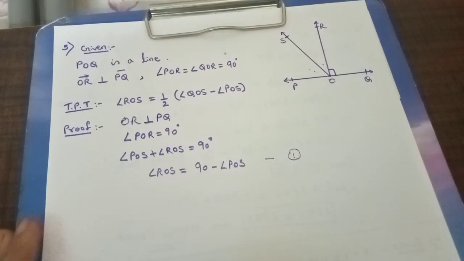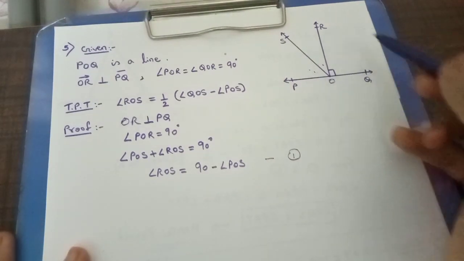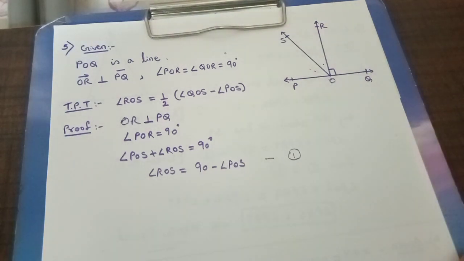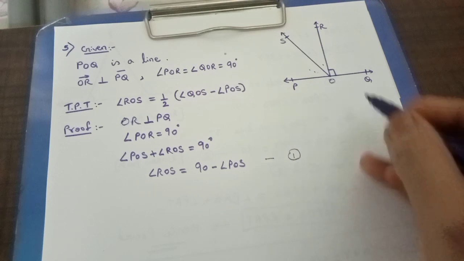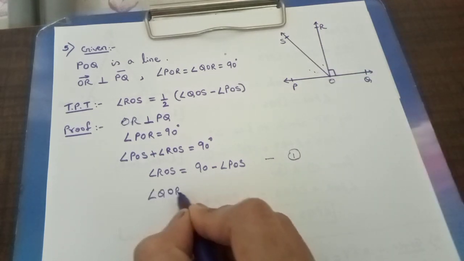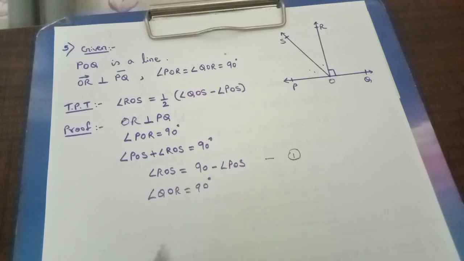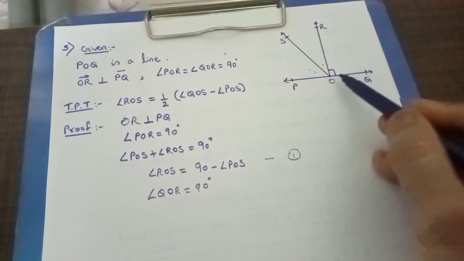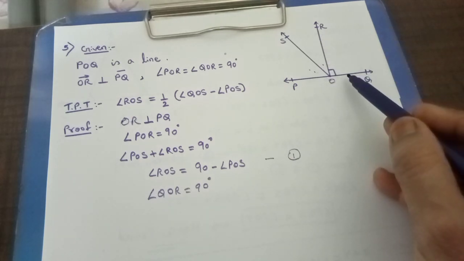Now what else is given to you? Angle QOR is also 90 degrees. So for angle QOR, what you can write?